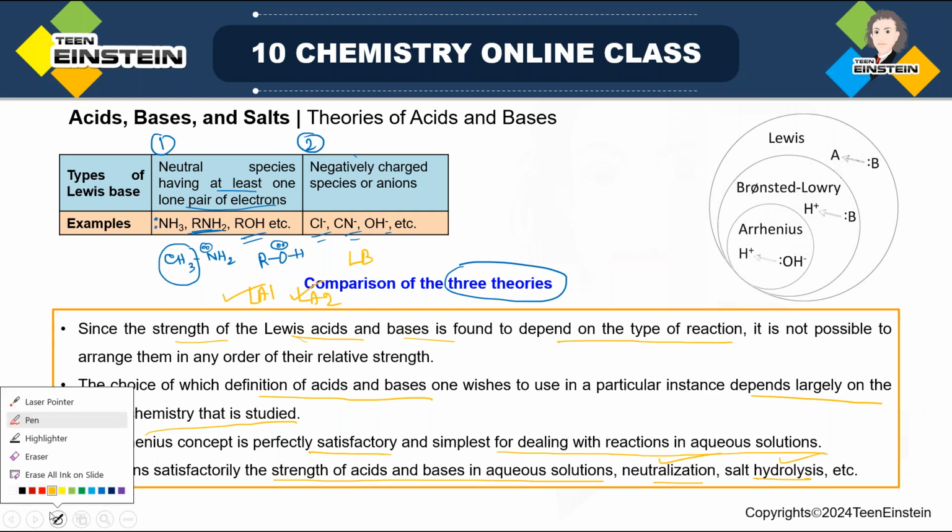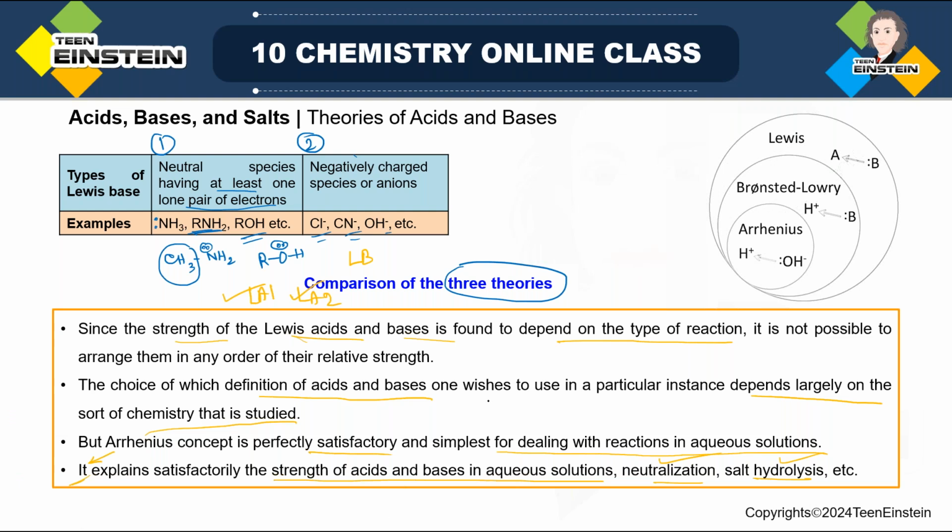This pictorial representation will help you to understand. The large sphere that you are seeing is for Lewis, where an electron pair is donated from B to A. This B may be any species like ammonia, Cl minus, CN minus, and A will be the species which is accepting the electron pair. So this is a broader sense theory.